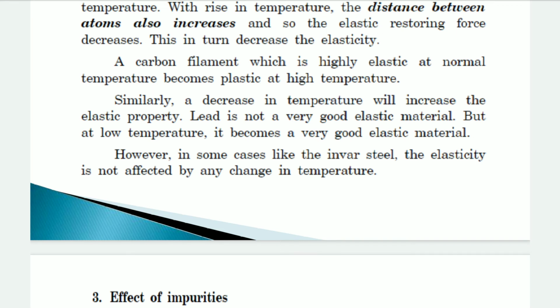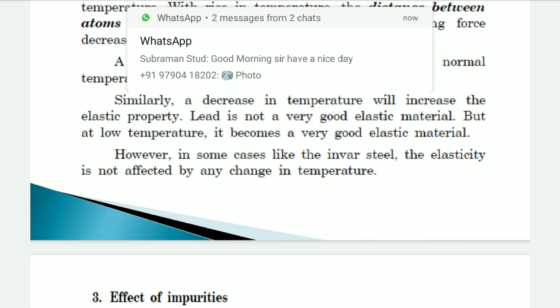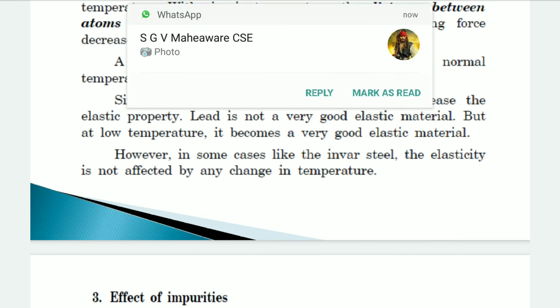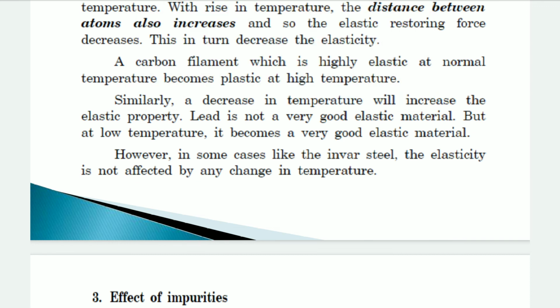Lead is not a very good elastic material, but when the temperature decreases, it becomes a very good elastic material. But some materials like invar show no change in the elastic property corresponding to the change in temperature. Therefore, we call it invar, which is derived from invariable.